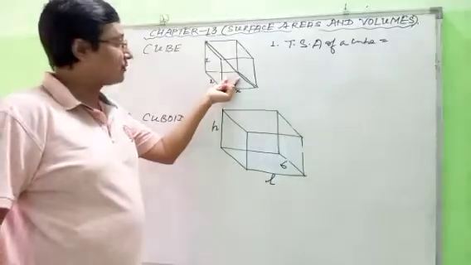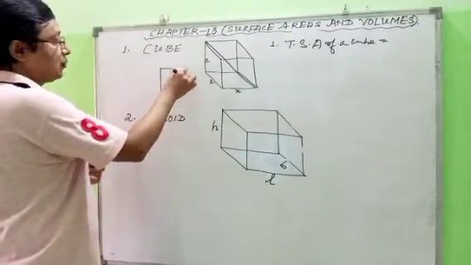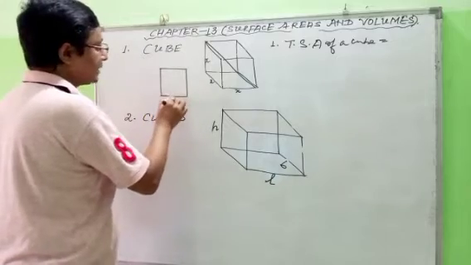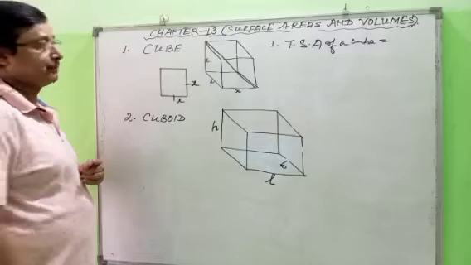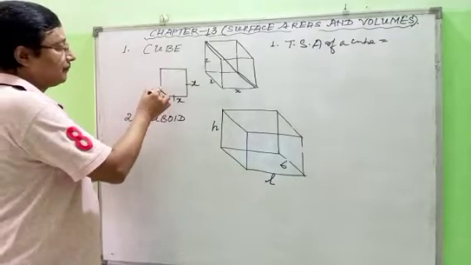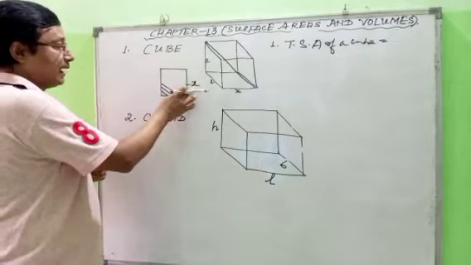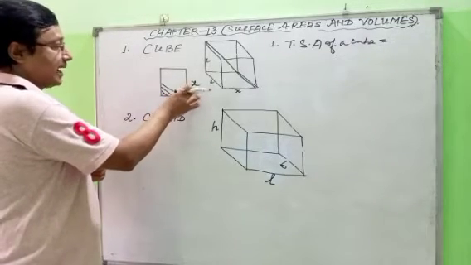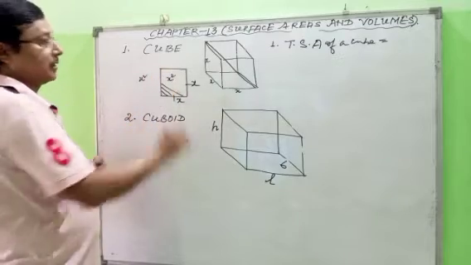Each face looks like a square, because as I have shown you, the sides are equal. So here each side is taken as x. Now to get its area, you will multiply these two dimensions. So x into x, you have got x square. So this area is x square.